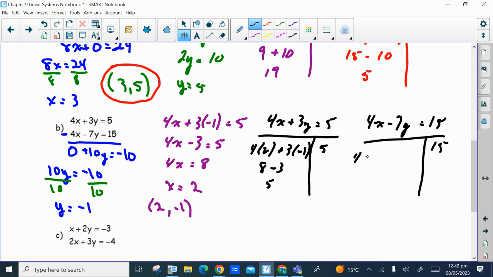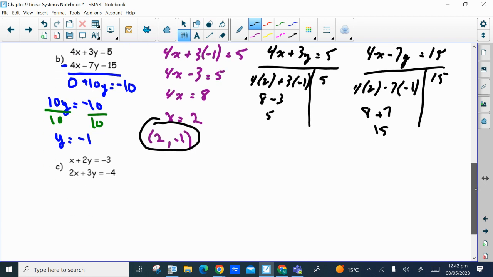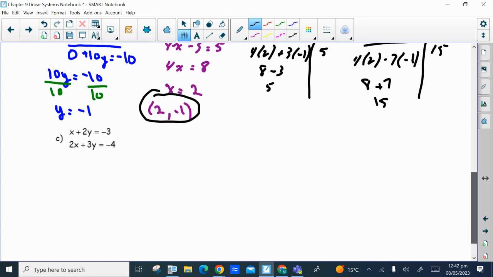Now checking the second equation. 4 times 2 is 8. Negative 7 times negative 1 is plus 7. 8 plus 7 equals 15. It checks. It satisfies both equations, so therefore it is the point of intersection.